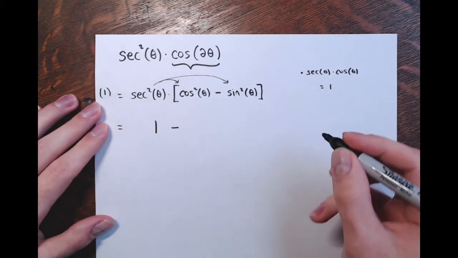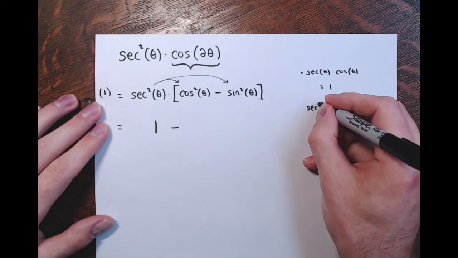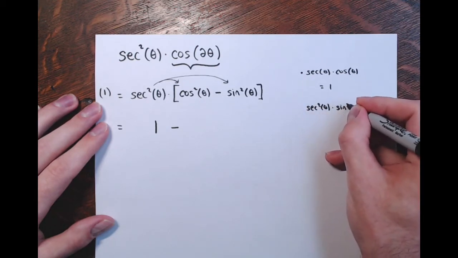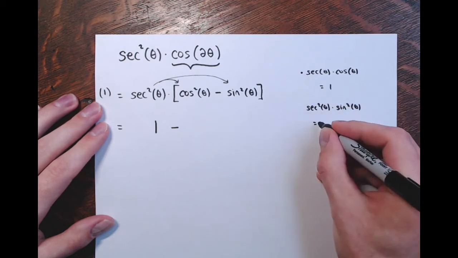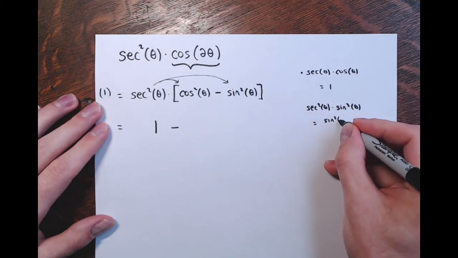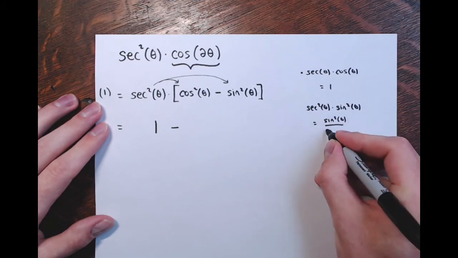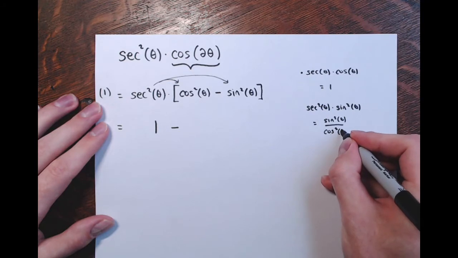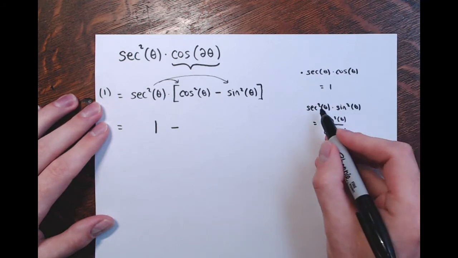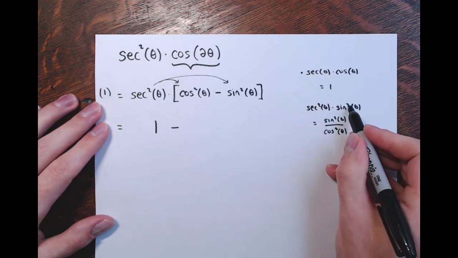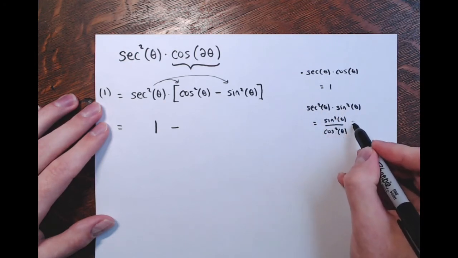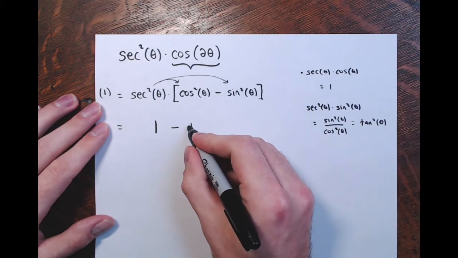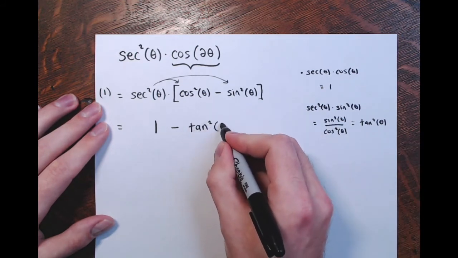Minus, and then when I do secant squared times sine squared, that's the same thing as sine squared over cosine squared, because secant squared is 1 over cosine squared. So I have sine squared in the numerator, cosine squared in the denominator. That's tangent squared. So 1 minus tangent squared theta.